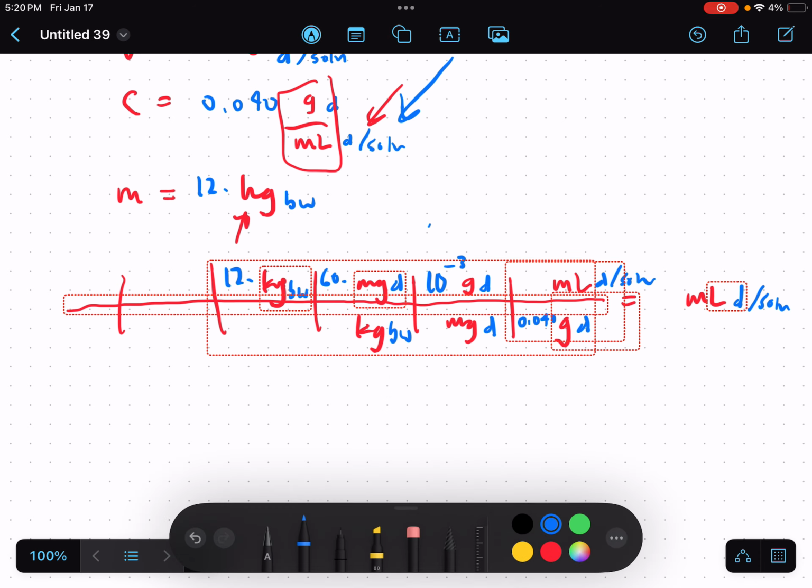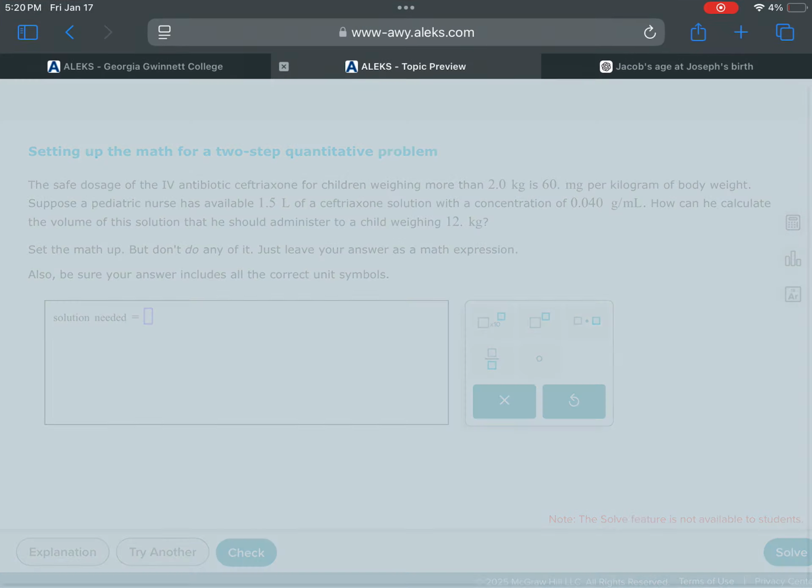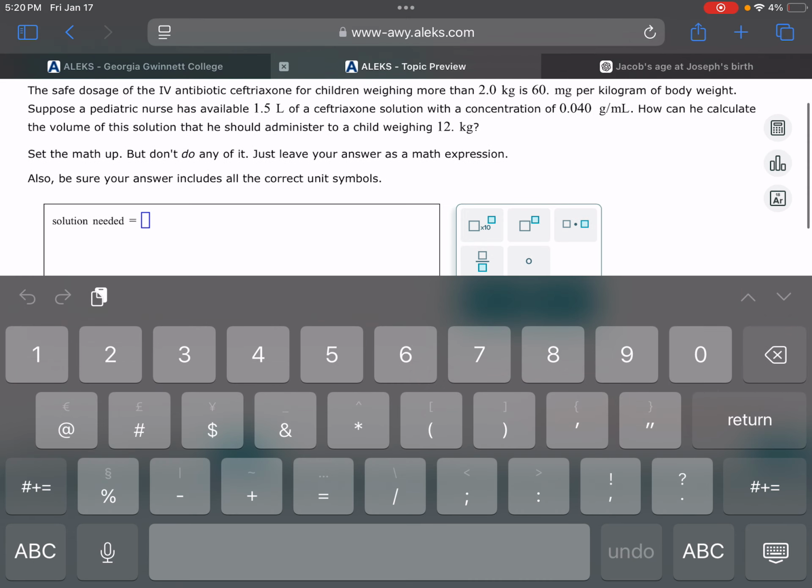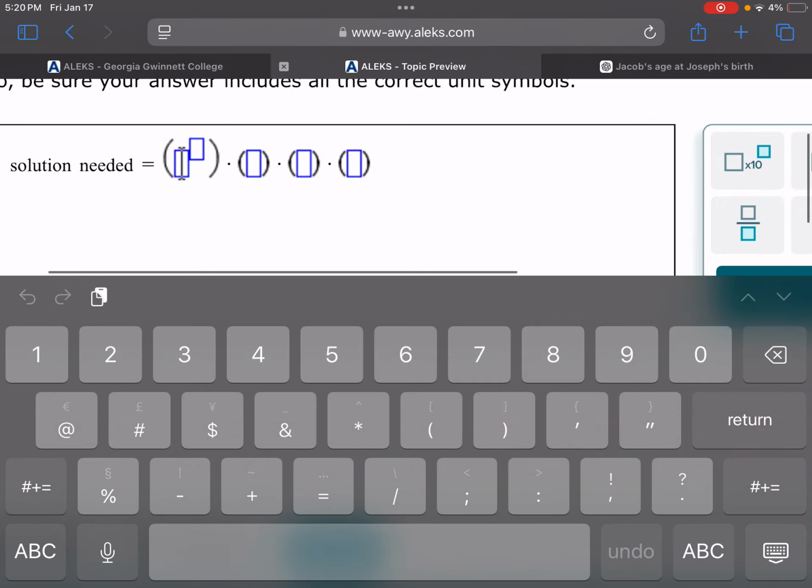All right, let's go back over now and type it in. I'm going to put 1, 2, 3, 4. And I'm going to make this a little bit bigger this time.